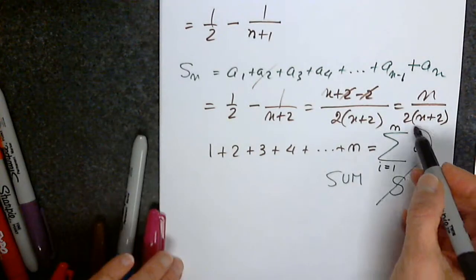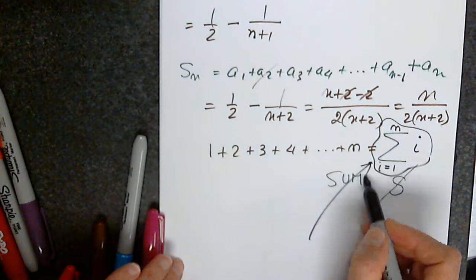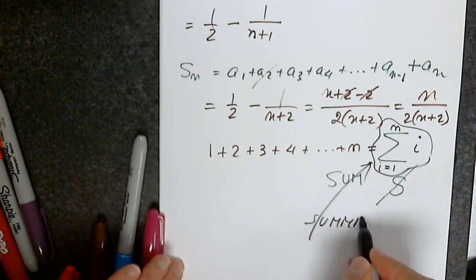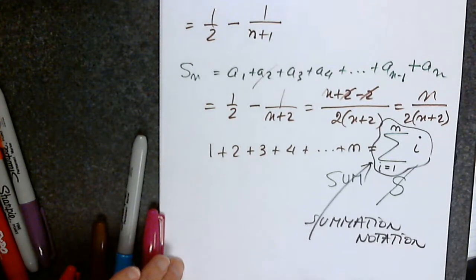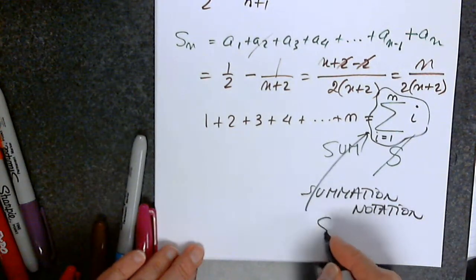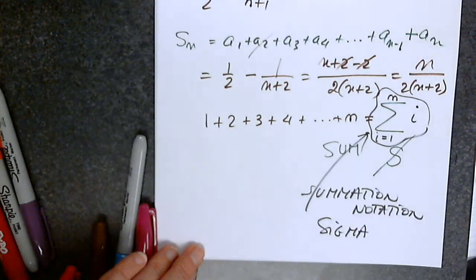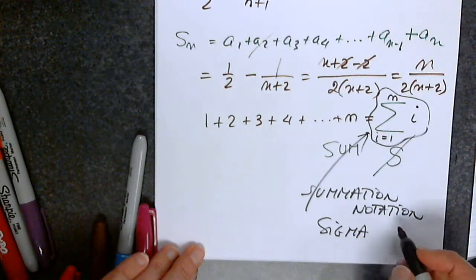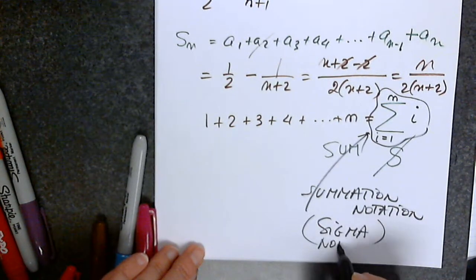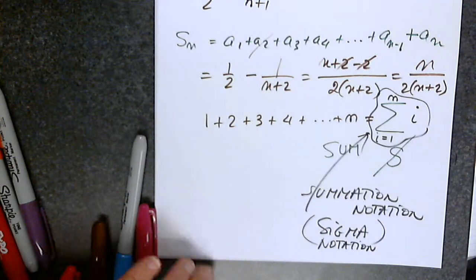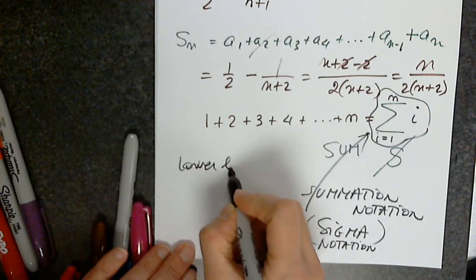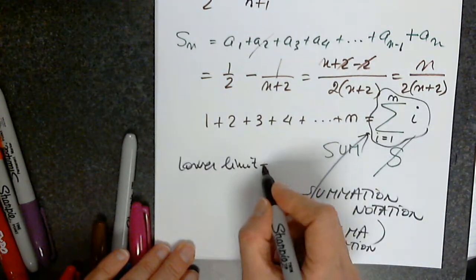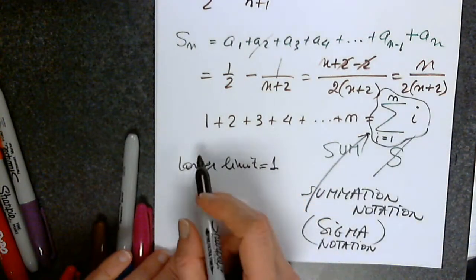This is called the summation notation, also called the sigma notation, that's the Greek letter S. The sigma notation has a lower limit and has an upper limit. The lower limit, in our case, is 1. Can anyone dictate the upper limit?